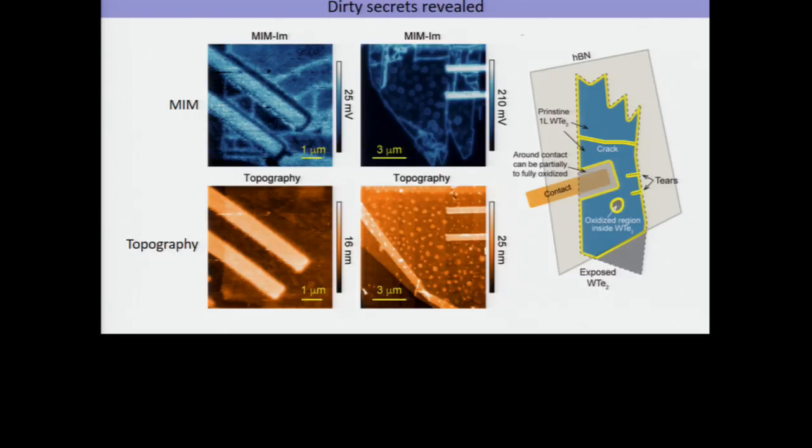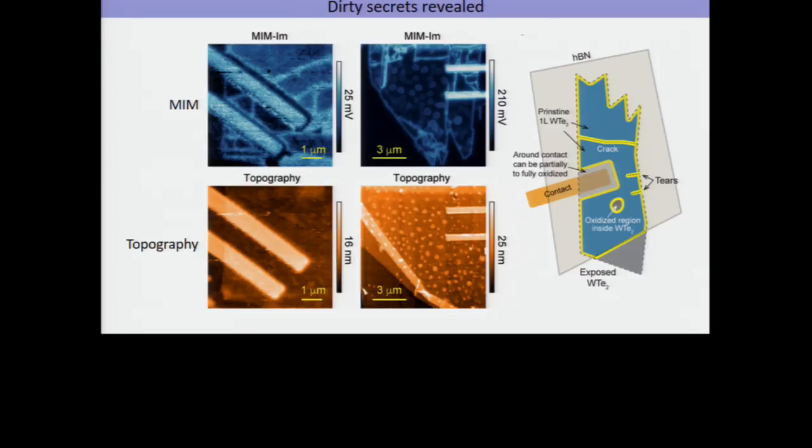And what you see in the corresponding MIM image is these little circles around these blisters. What we think is that under the blisters, the material is getting partially oxidized. So you're switching off its topological properties, or you're turning it into a normal insulator, and therefore you get a boundary mode basically around that oxidized region. You've got a hole inside a topological insulator, and there's a boundary mode around that hole.